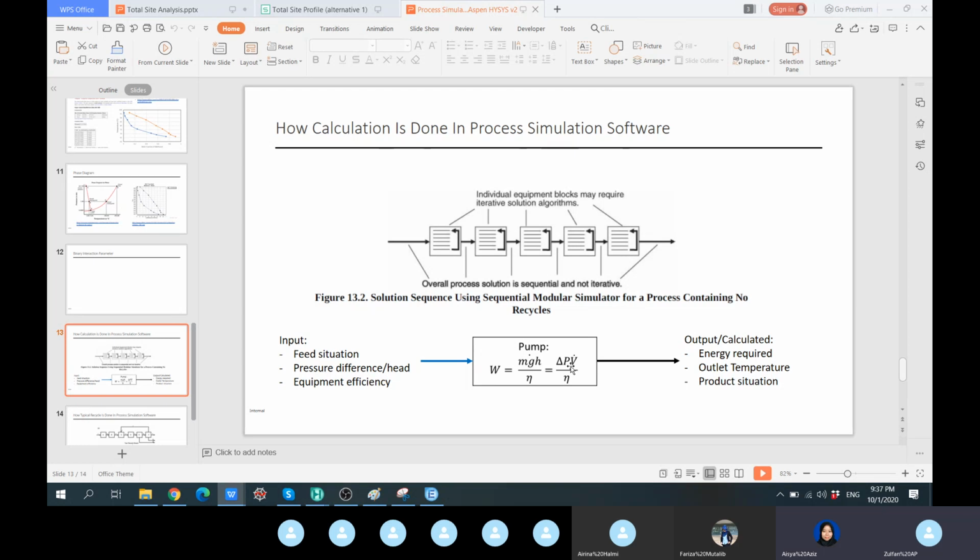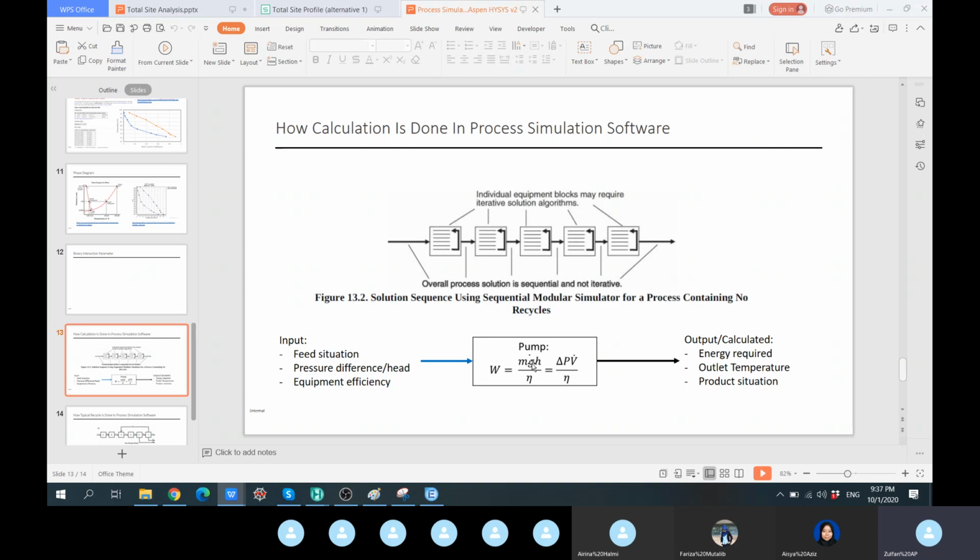We know the flow rate, which is coming from the feed, right? This is connected, so it will take the flow rate value. But we don't know the delta P and the efficiency. So if you look at these equations, we have one equation only, and only one known: the V, the volumetric flow rate, or in this case the m and g in this regard.